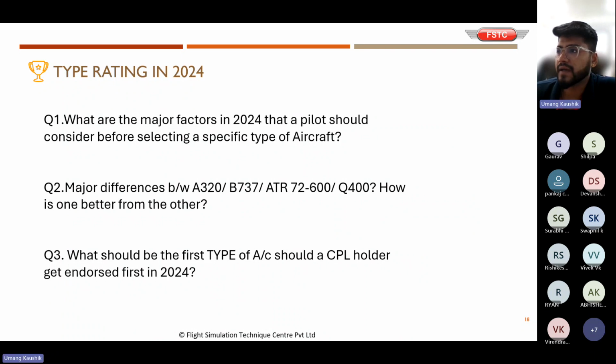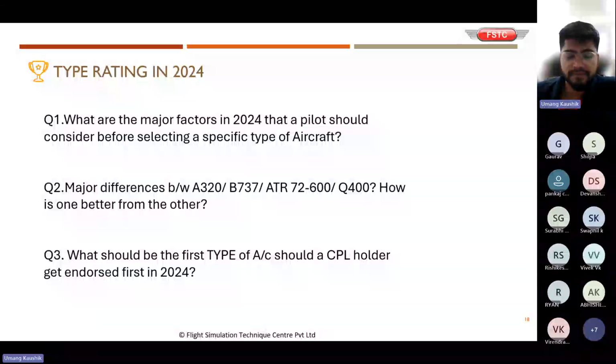Because if I compare, when the airlines do your type rating, they charge you a minimum of 25 lakhs to 30 lakhs for your type rating. Whereas when you do your type rating self-sponsored, it starts from 13-14 lakhs to 20 lakhs. So the choice is completely yours.